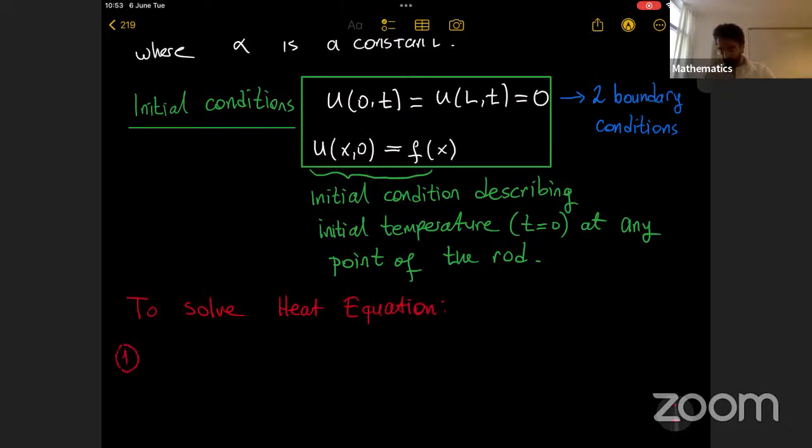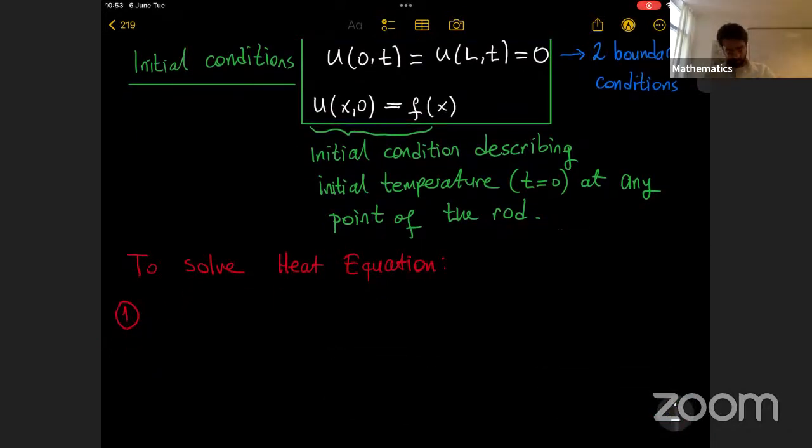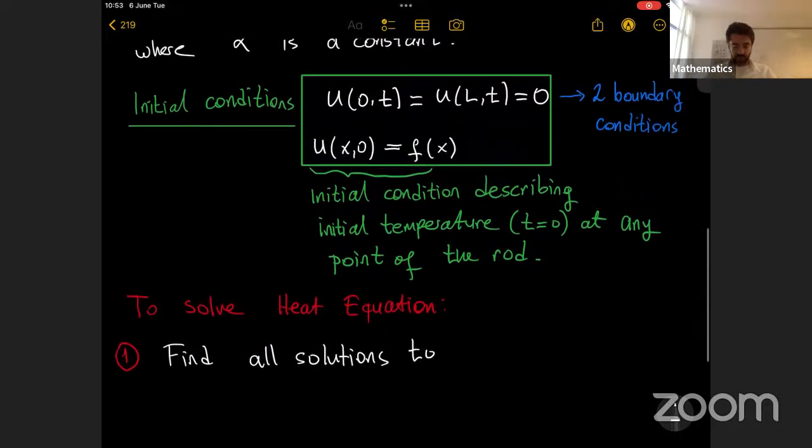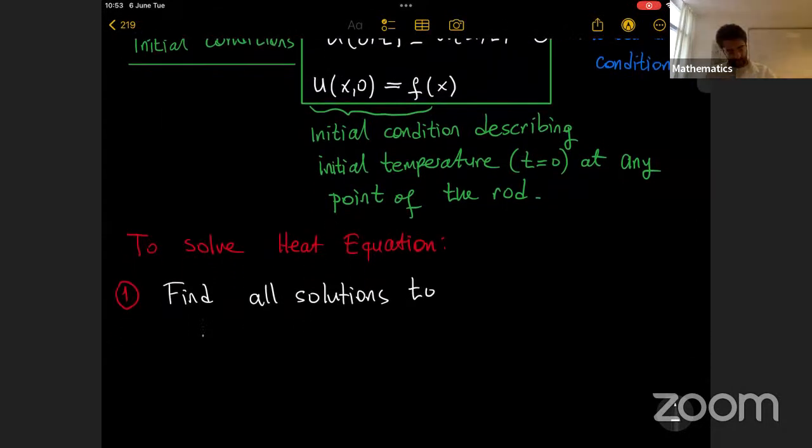First, we will first find all solutions to, we will ignore the last condition, the second condition first, and we will solve this one: u sub t is equal to alpha squared u sub xx, and this boundary condition, the first one only, u(0,t) is equal to u(L,t) is equal to 0.